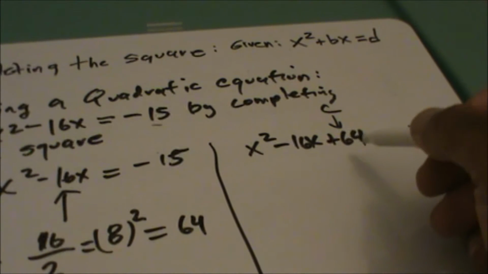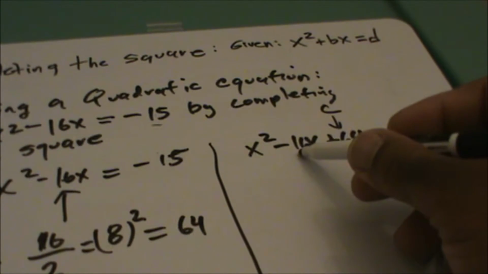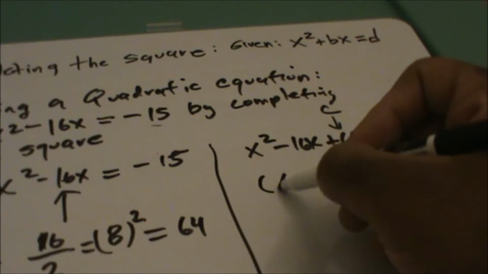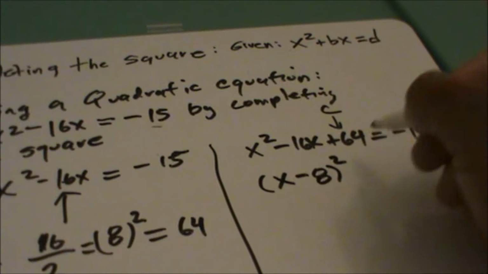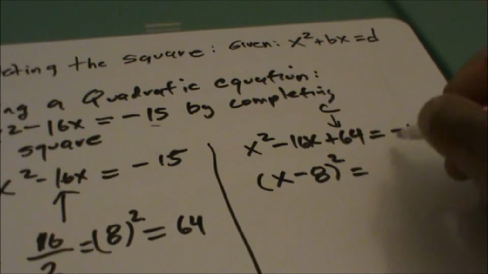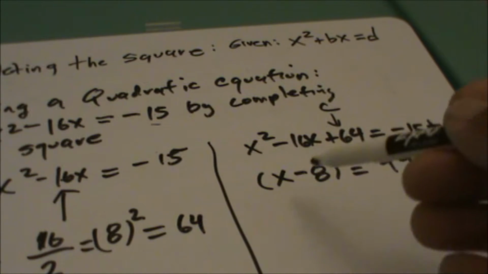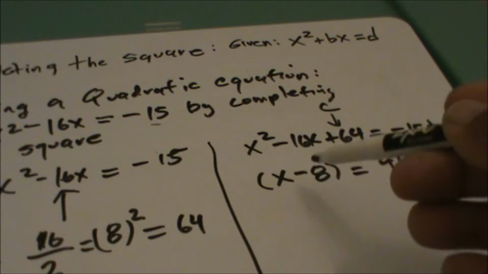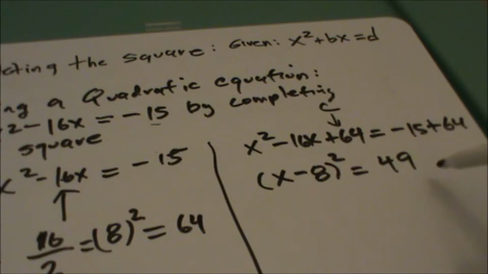So what two numbers will give you 64, and the same two numbers added or subtracted will give you the middle term? We know that it's x minus 8, squared, equals negative 15 plus 64, which is 49. Now this looks like familiar territory, because we have a binomial that is squared, so we can't leave it like this.